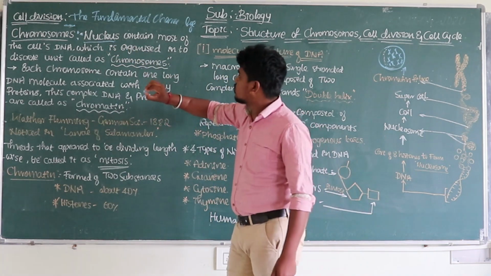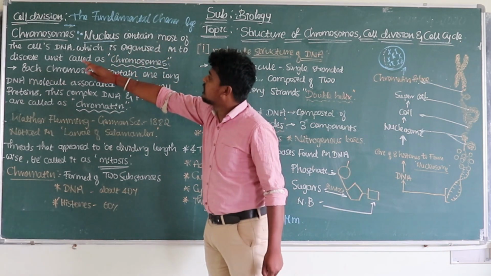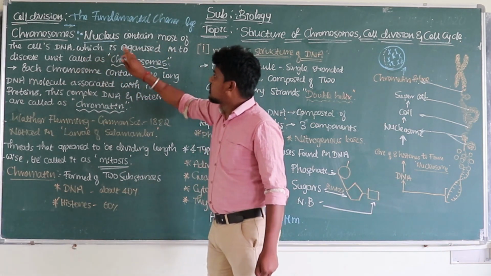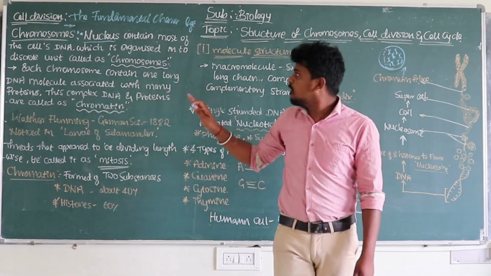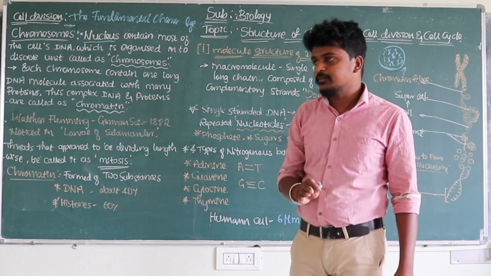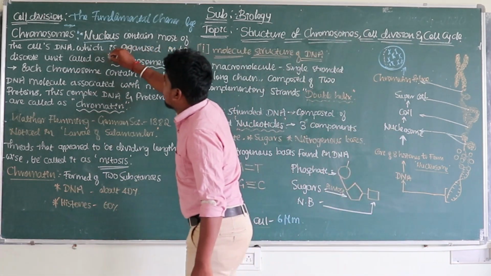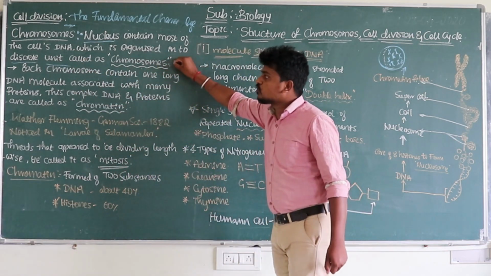See, what are chromosomes? The nucleus contains most of the cell's DNA, which is organized into discrete units, which, as I told you, are the chromatin fibers. The units are called chromosomes.